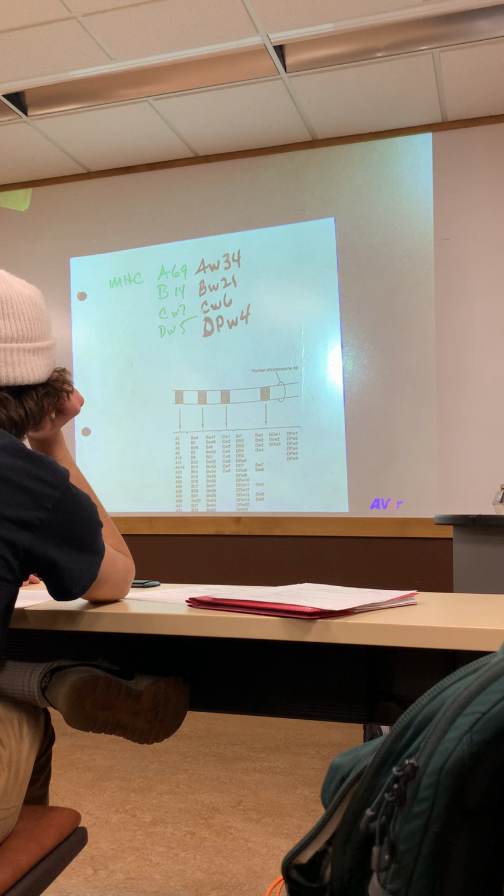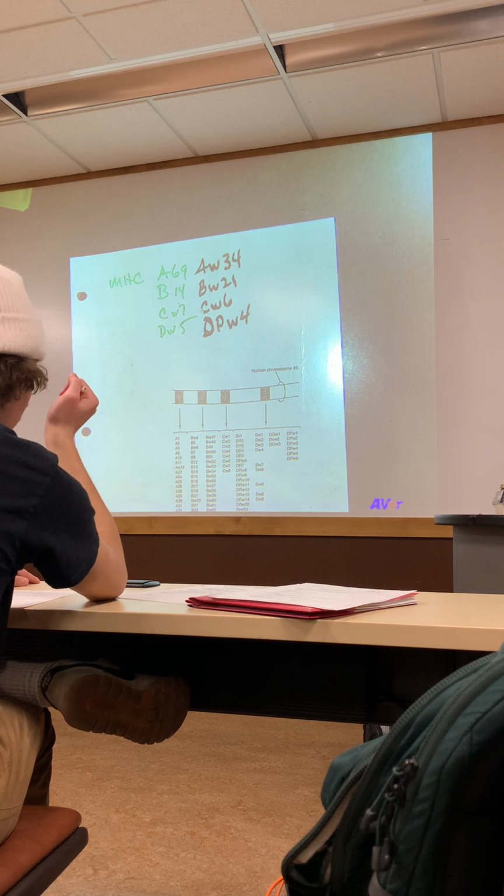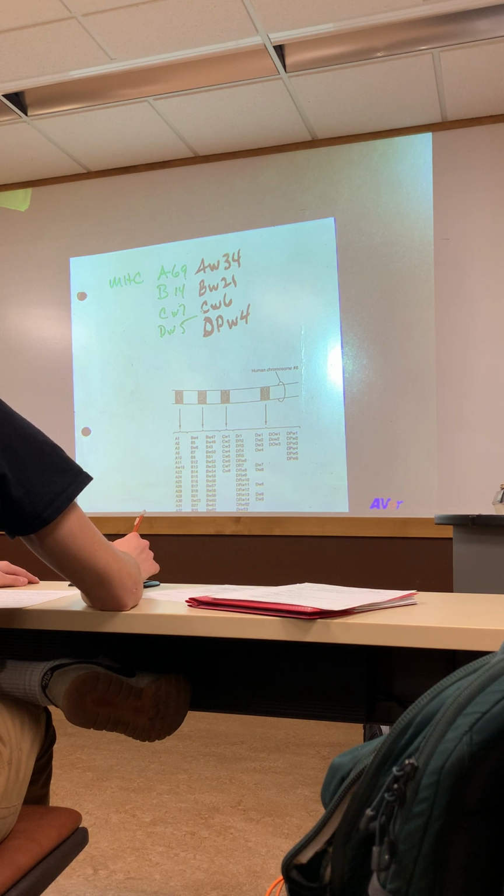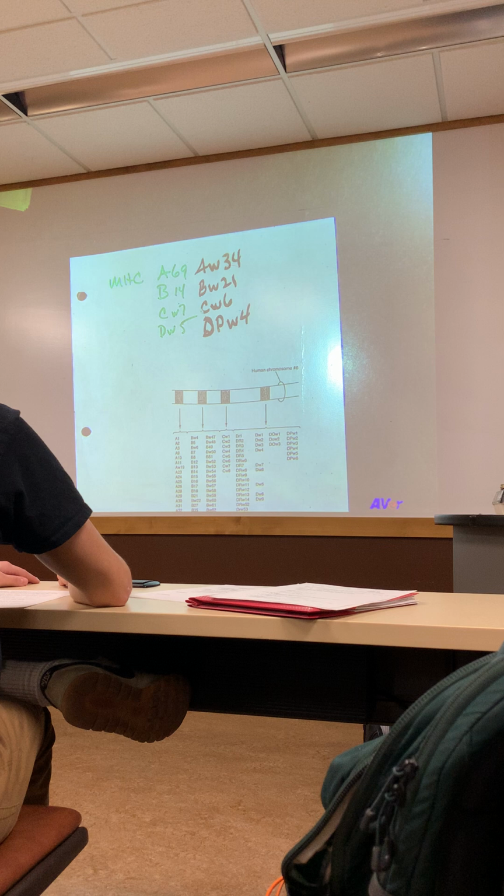What are the odds that I could find somebody with the exact same MHC? Unless I have an identical twin, and I don't. So the MHC is the group of proteins found on your cell surface that identify you as you.